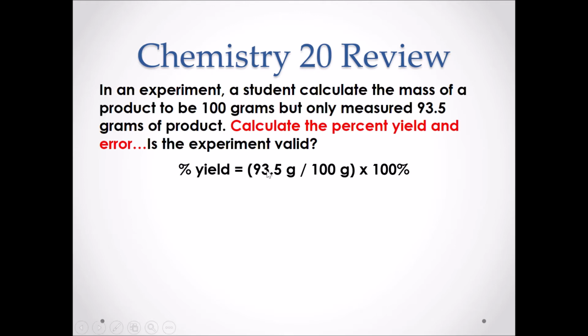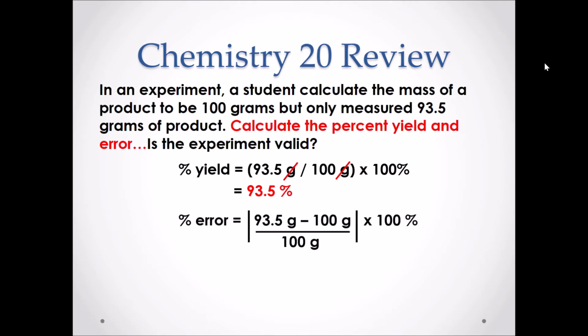So we are going to take 93.5 grams, divide it by 100 grams, and times that value by 100%. This means that in our chemical reaction, we yielded 93.5% of the product.